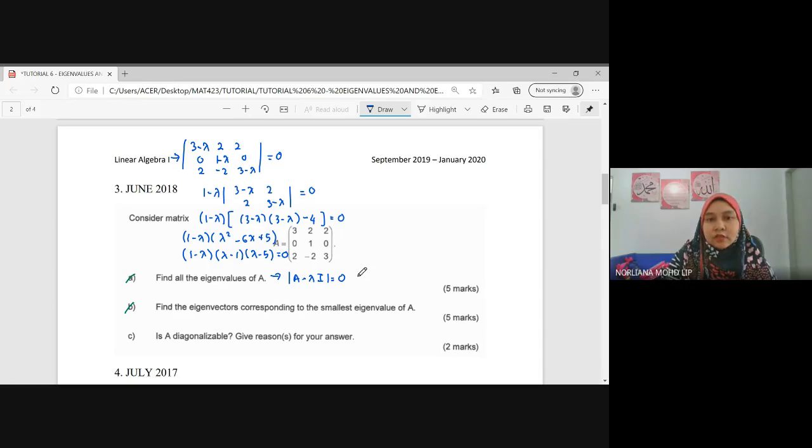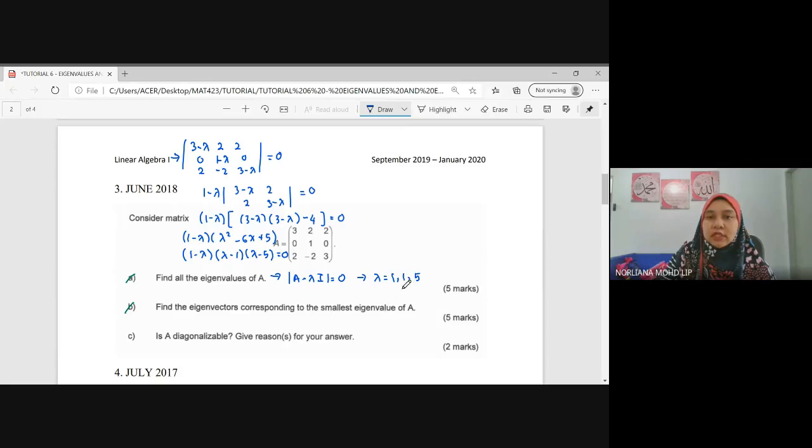So we have the value for lambda equal to 1 and 5. So 5 marks.